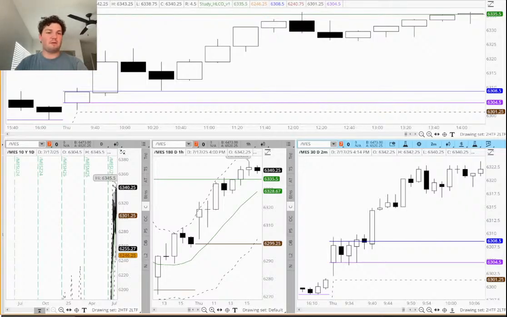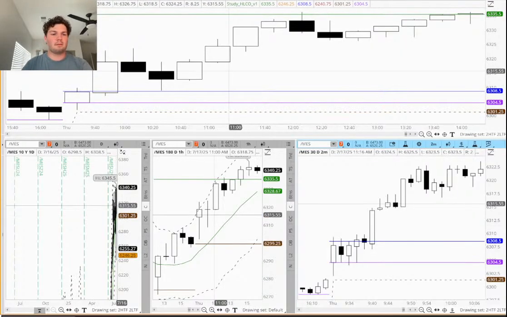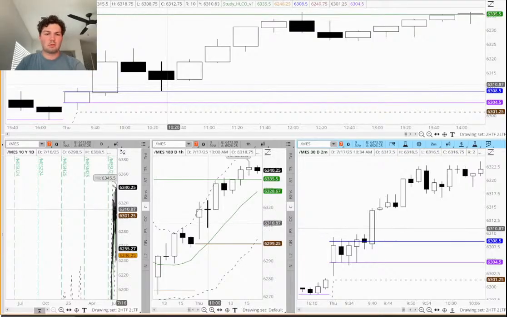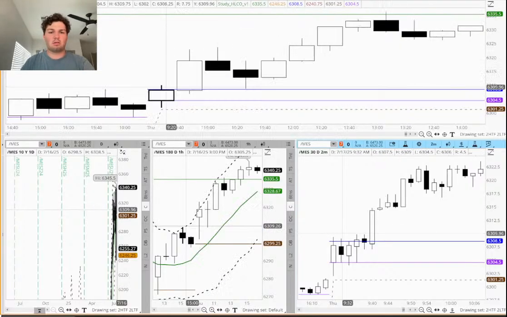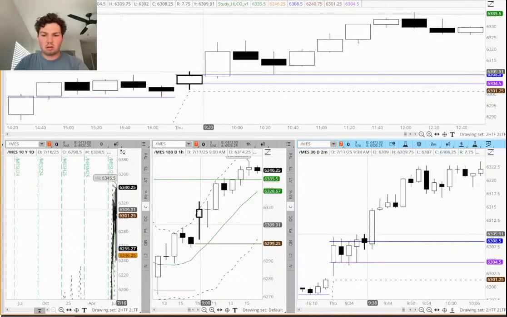So 3.45 R. That's cool. Oh wait, I was looking at that totally wrong. Wasn't I? Was I?